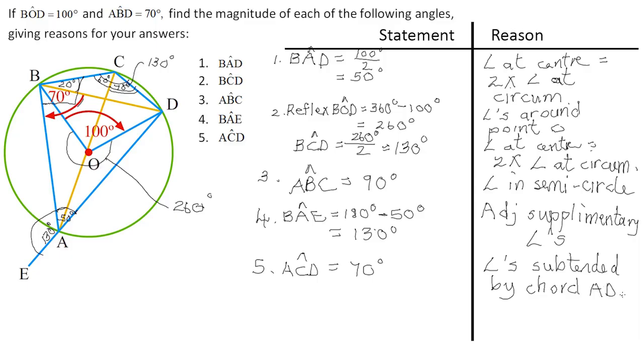Now, what we can derive here is that if you look at BAE, that's 130, and if you look at BCD, that's also 130. From that, we can deduce that this is the external angle of cyclic quad ABCD, which means you could have also gone that route in order to find the value of BAE.